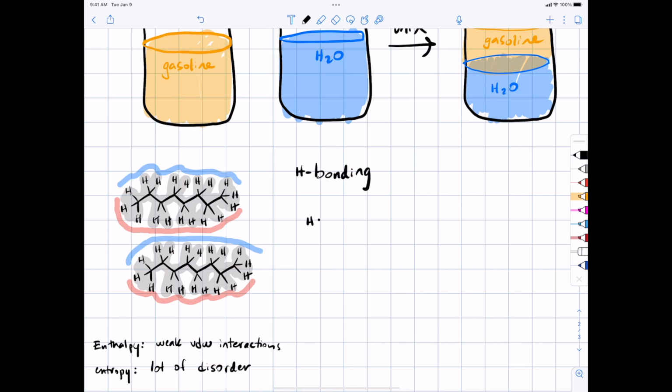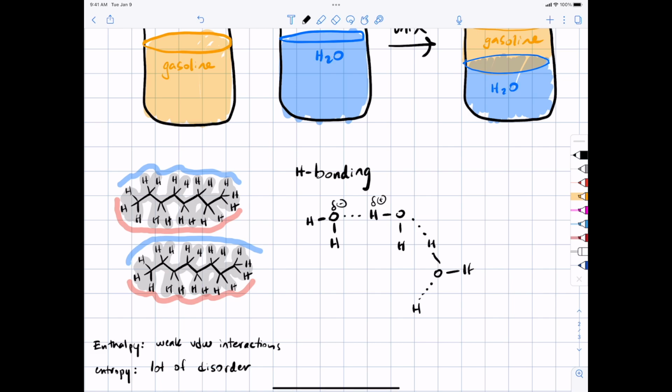And this involves the hydrogen on one water molecule interacting with the oxygen on another water molecule. And I'm going to try to illustrate something. I may regret it, but hopefully not.